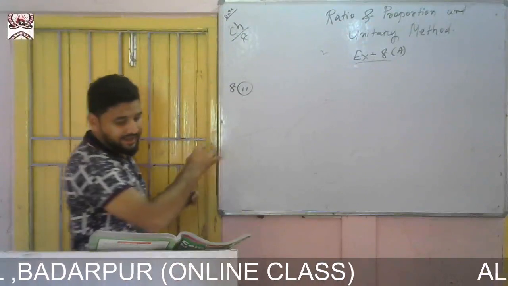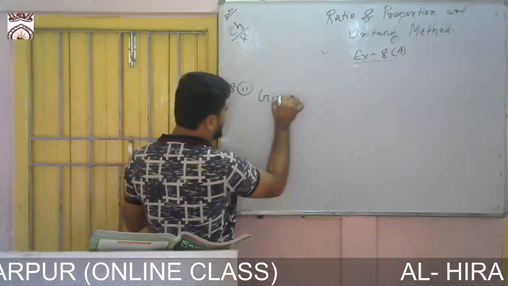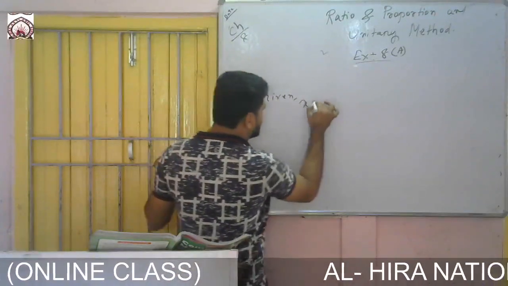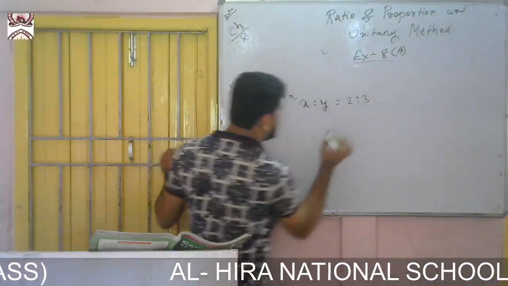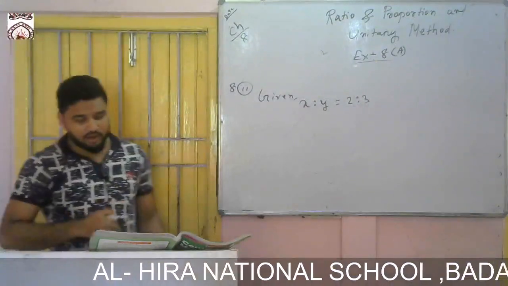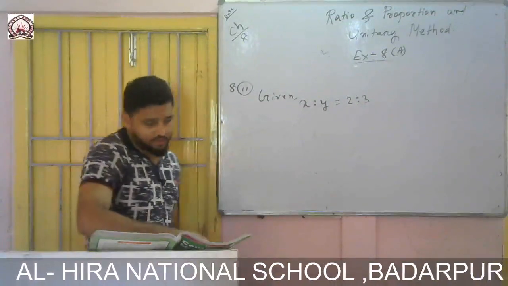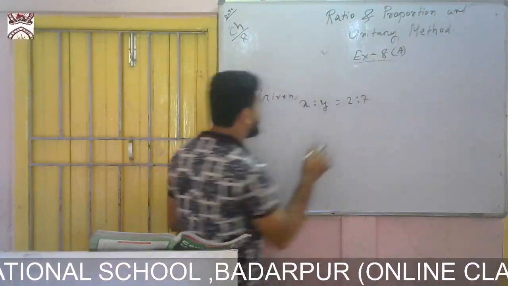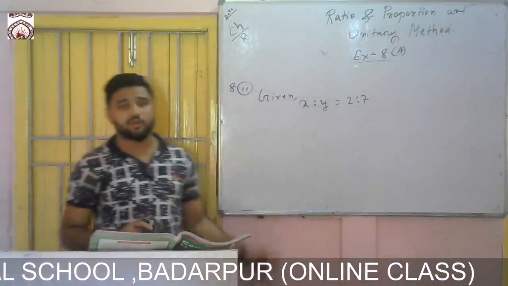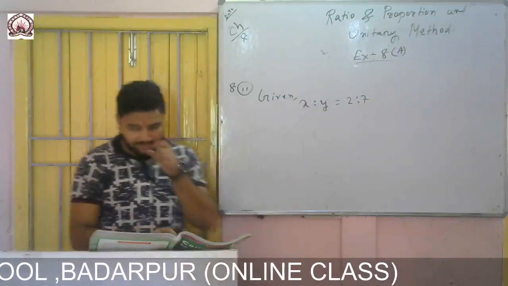Given x is to y equals 2 is to 7. Sorry, x is to y equals 2 is to 7.